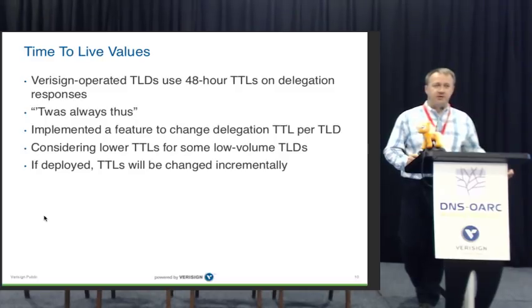At this point, we have implemented this in code, so we have the ability to change TTLs per TLD. We're still considering doing this for some low-volume TLDs, and if and when we do this, we will do a sort of a gradual decrease. We won't go from, say, 48 hours to 1 hour. We'll do it in steps and monitor very closely.